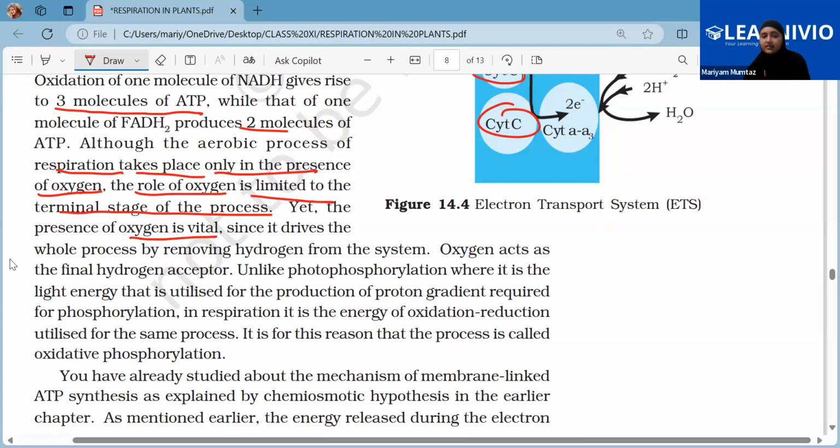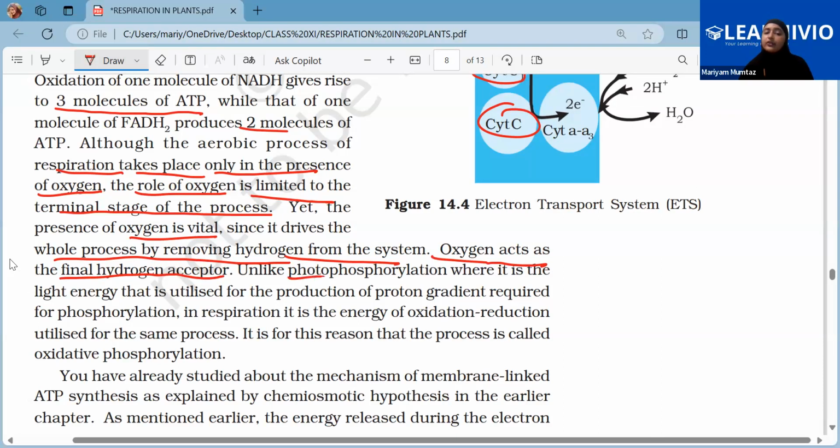So the presence of oxygen is very important since it drives the whole process of removing hydrogen from the system. All of these removals that we are witnessing right now are happening because oxygen is present. Now, the final hydrogen acceptor is oxygen. So oxygen acts as the final hydrogen acceptor.